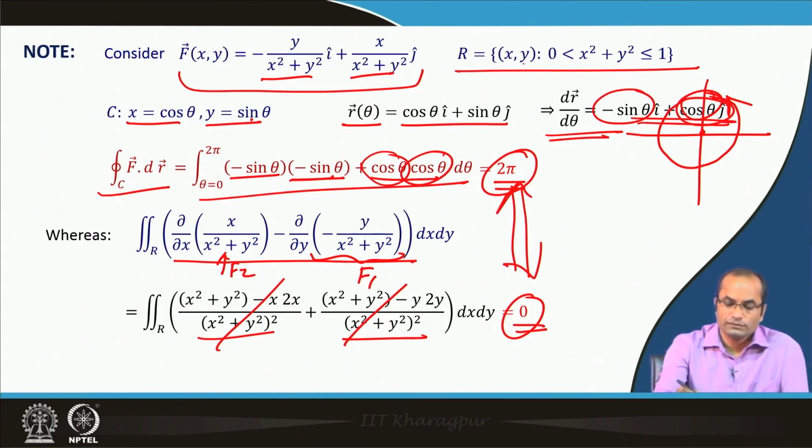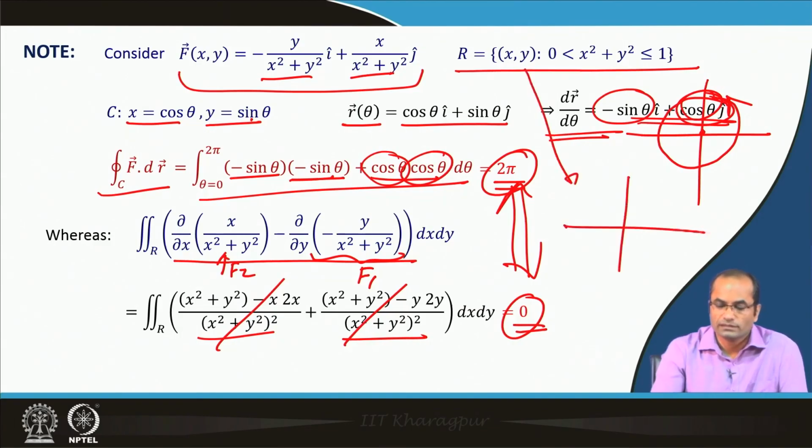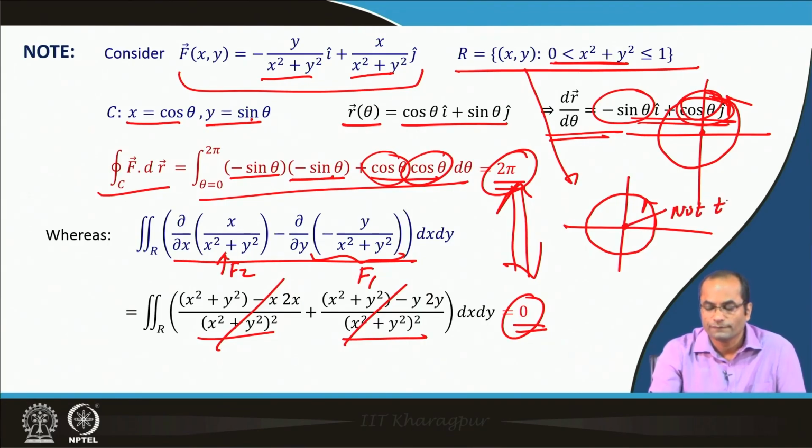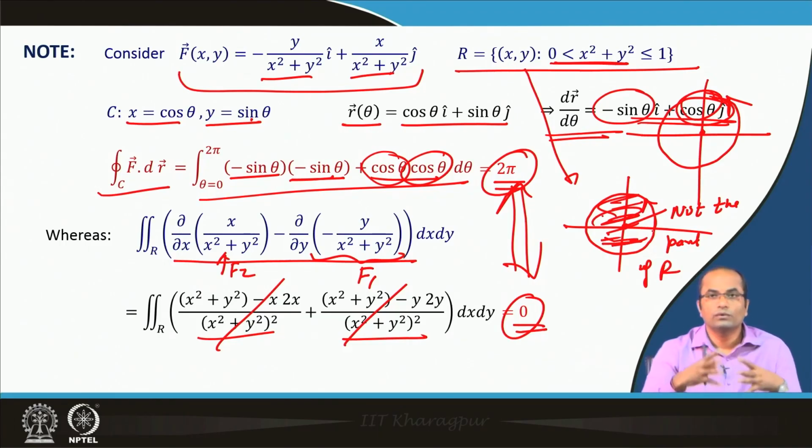The reason is obvious, because if you consider again this R, which is bounded by this circle, and take a close look here, it is written that x² + y² is greater than 0. So, 0 here is not a part of the region R. This is the region R, but except 0. So, we are not covering the whole region enclosed by this simple closed curve, which is defined by cos θ, sin θ, this circle.